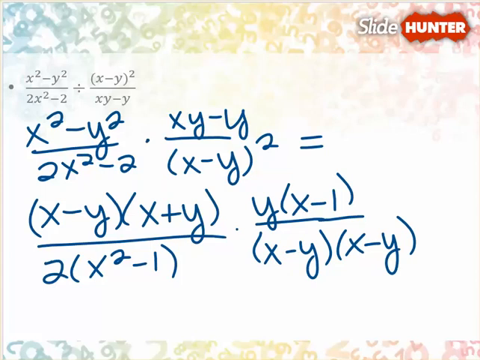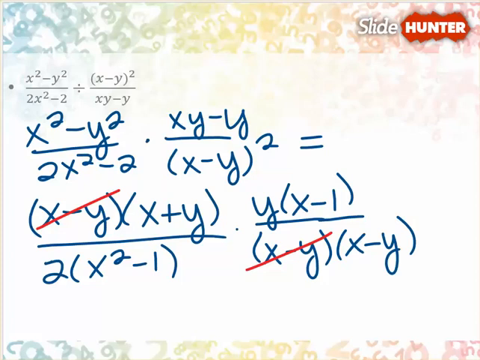Okay, so looking at this, first thing I notice is that I have an x minus y here in the numerator and over here in the denominator. As I look at my others, remember, these are full factors and I need to keep them together. So I can't just cross out an individual variable when it's part of an addition binomial.